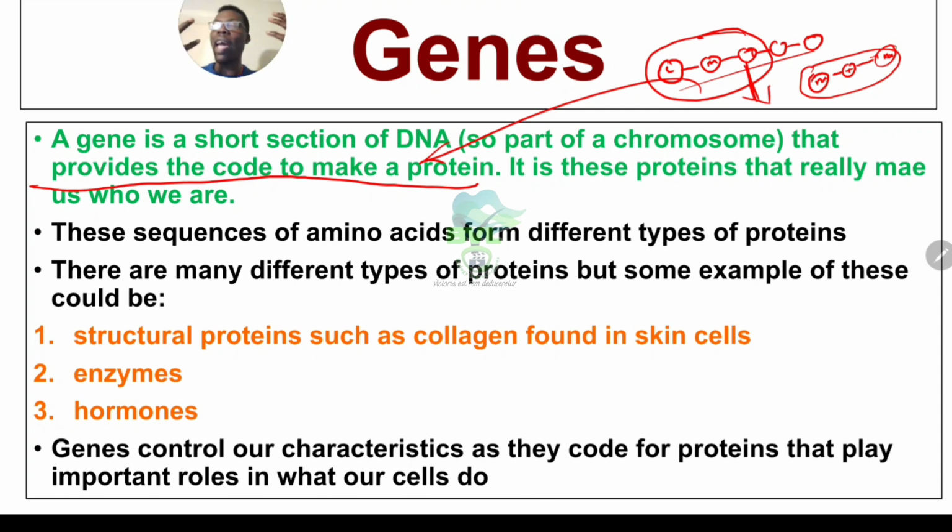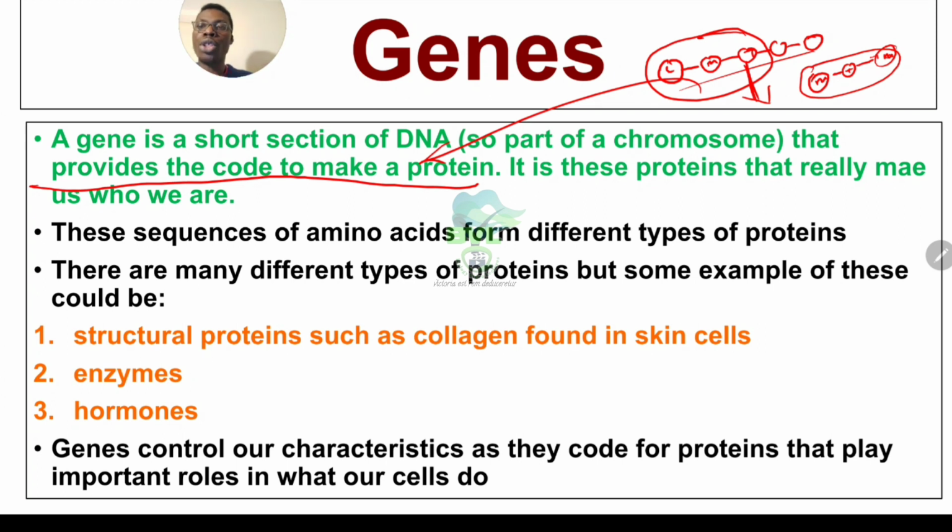As a matter of fact, the reason why you are seeing me dark this way is because the way the amino acids in my protein that controls my skin are arranged is different from someone that is fair. That's the truth. I'm quite tall. That is because the way the amino acids in my protein that controls my height are arranged is different from someone else. So just know that the arrangement of amino acids is different in different proteins, which makes us different because different proteins control different characteristics.